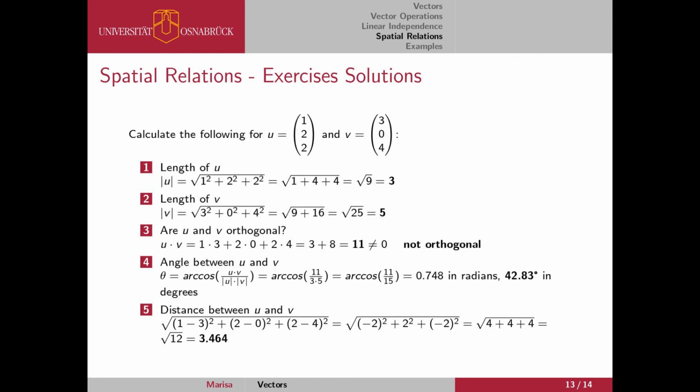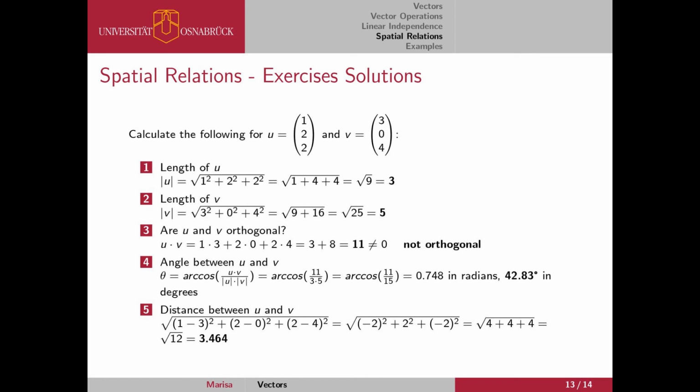So the calculation for the dot product was to do element-wise or row-wise multiplication and to add up all the results. Therefore, we multiply 1 times 3, which is 3 in the first dimension, 2 times 0 in the second dimension, which is 0, and 2 times 4 in the third dimension, which is 8. So we have 3 plus 8, which is 11, and 11 is obviously not 0, and therefore u and v are not orthogonal to each other.